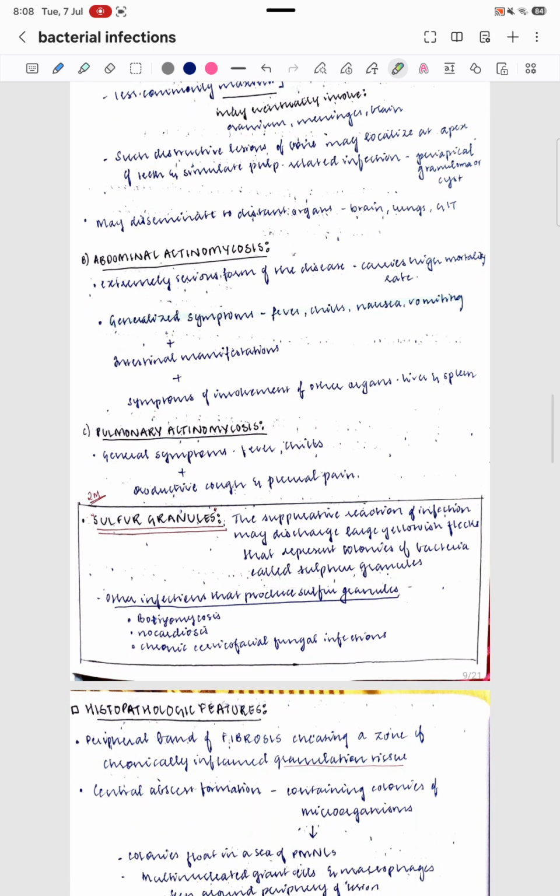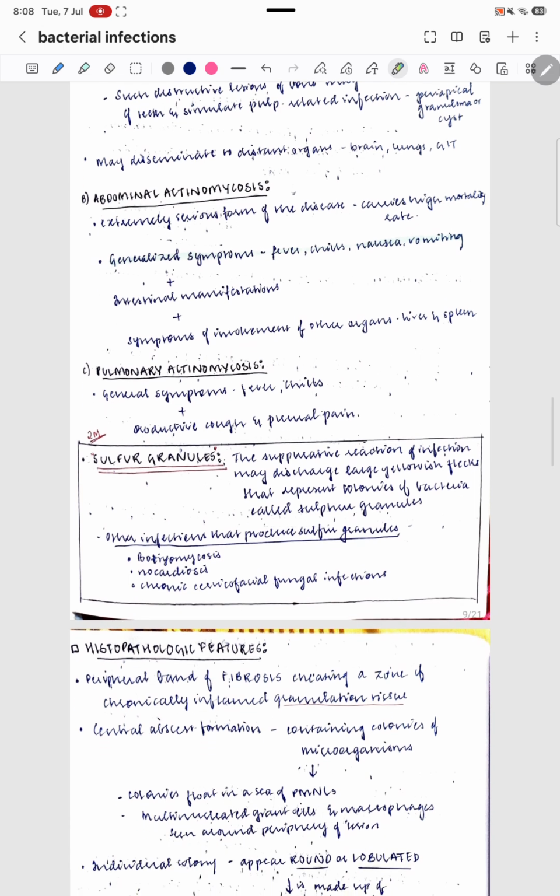Now coming to the abdominal actinomycosis, which is extremely serious, and it is a form of disease which carries a high mortality rate. The generalized symptoms of abdominal actinomycosis are fatigue, fever, chills, nausea, and vomiting. Intestinal manifestations can also be seen, and there are symptoms involving other organs such as liver and spleen.